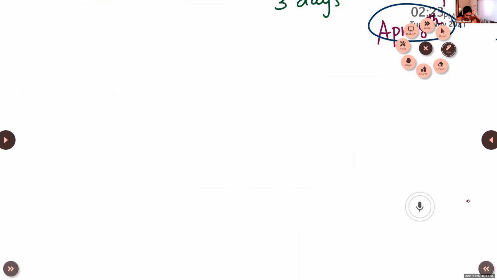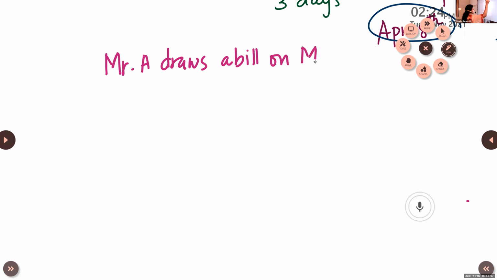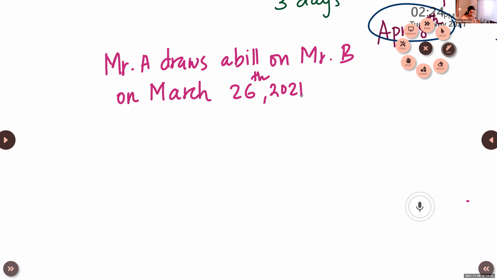Mr. A draws a bill on Mr. B on March 26th, 2021.